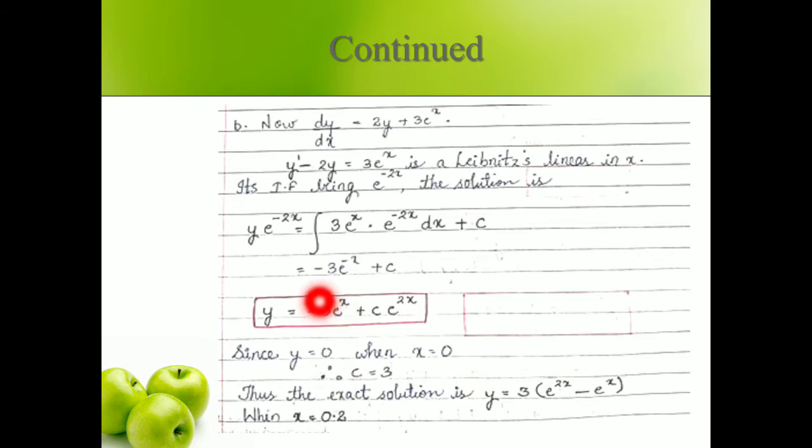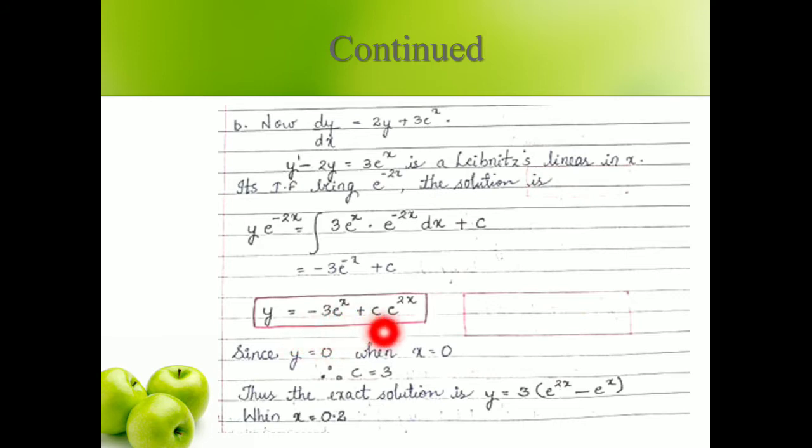Integrating that, we get minus 3 e to the power minus x plus c. So y will be equal to minus 3 e to the power x plus c into e to the power 2x.